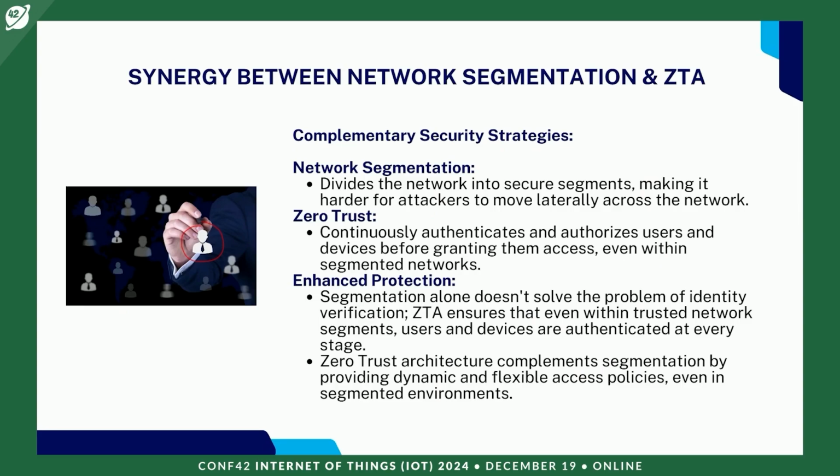Zero Trust architecture complements segmentation by providing dynamic and flexible access policies. And the key word here is dynamic, because you don't set the access policies once. They always get changed based on the user's or device's compliance. So that is very important here.